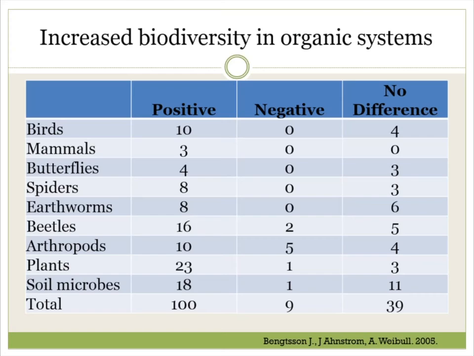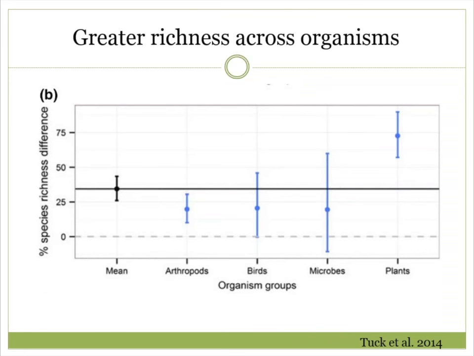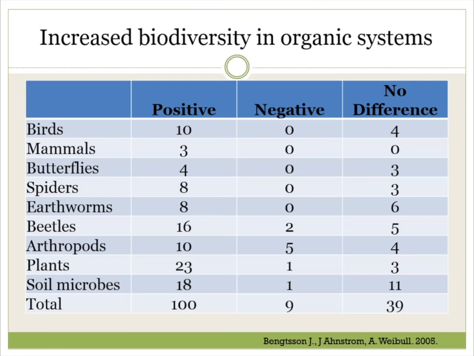One set of slides that somehow didn't make it in earlier that I want to bring up here real quick is the reason why I am so interested and so passionate about working with organic farmers. Consistently, the number of projects comparing organic to conventional systems and seeing how they benefit biodiversity is large and numerous.